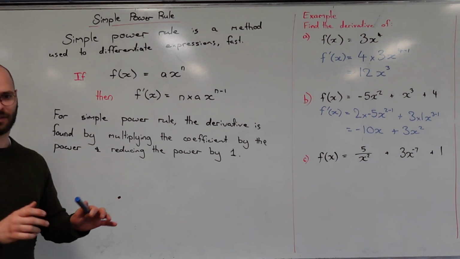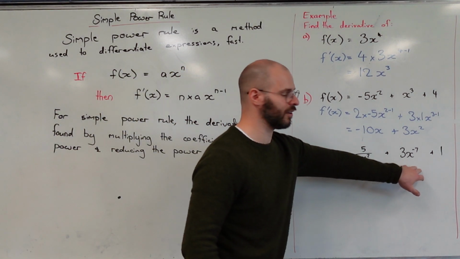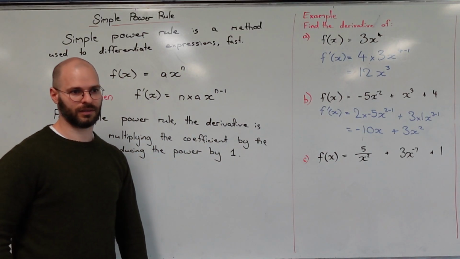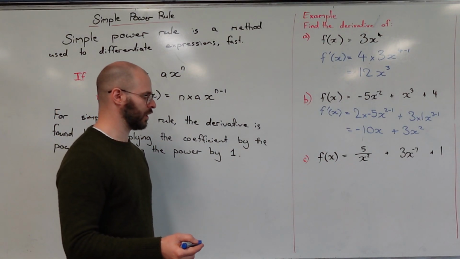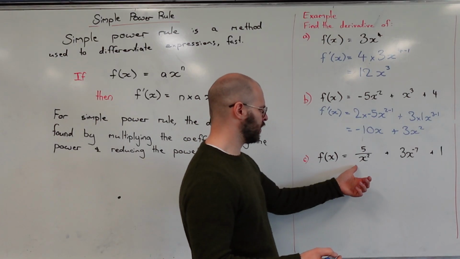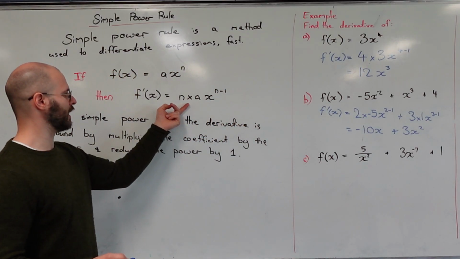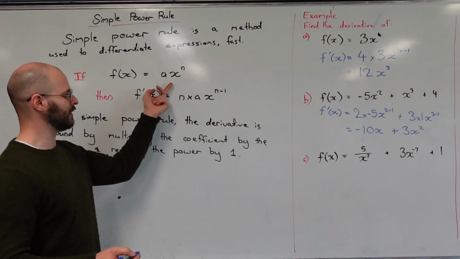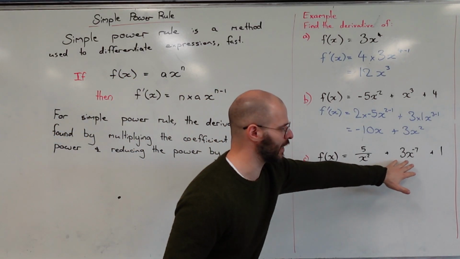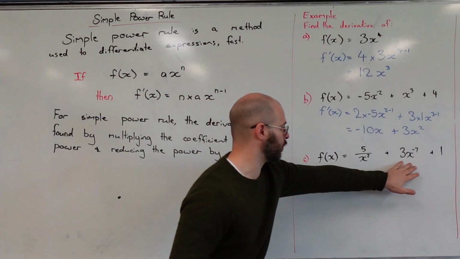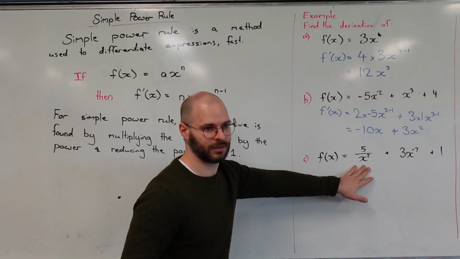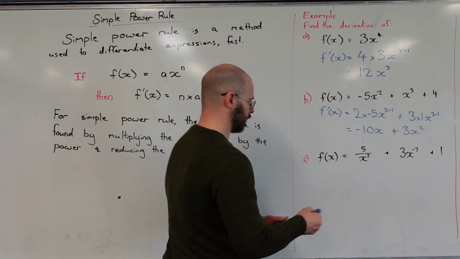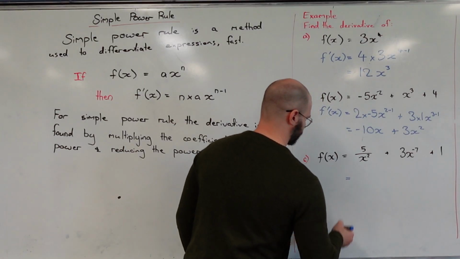How are they different? This term and this term, how are their representations different? One's division and one's times. Now, if we have a look at this rule up here, which one is easier to work with? This form or that form? That form. So what should we write this in? It's just 5x to the power of negative 2.